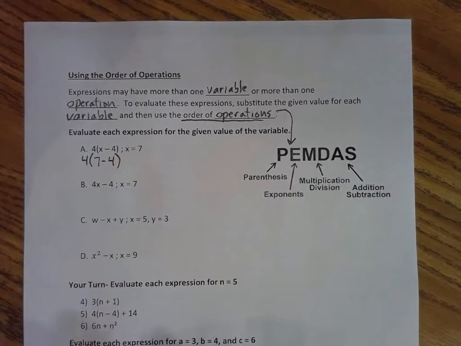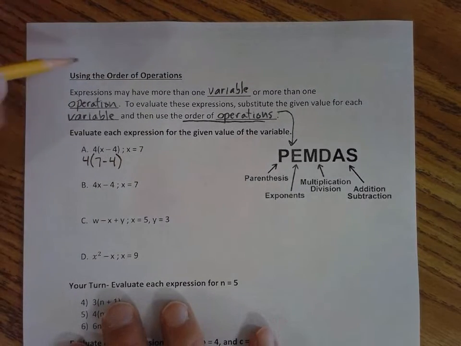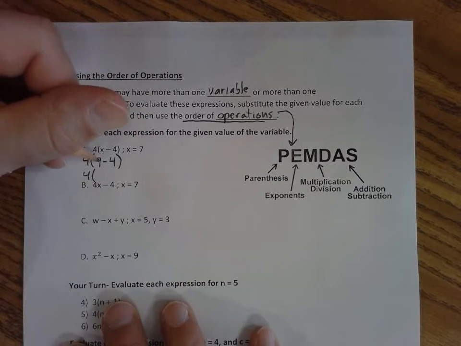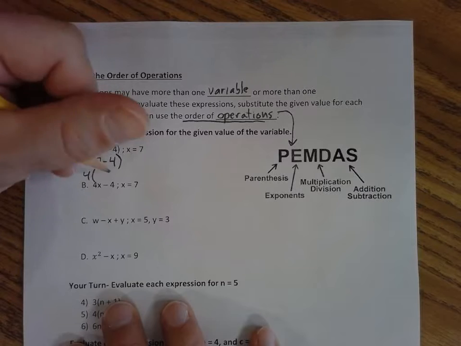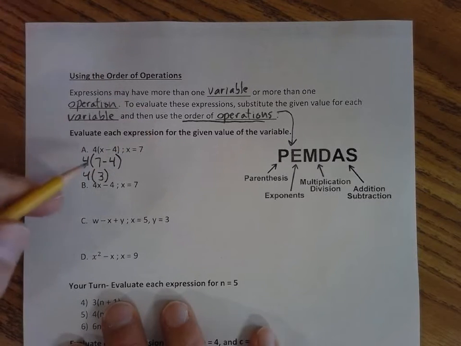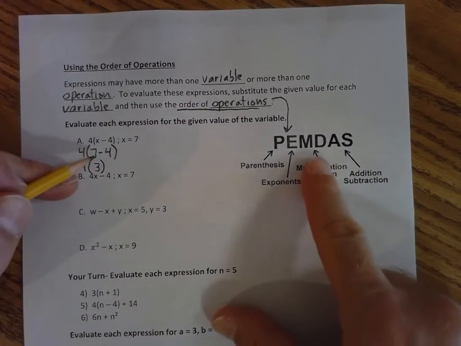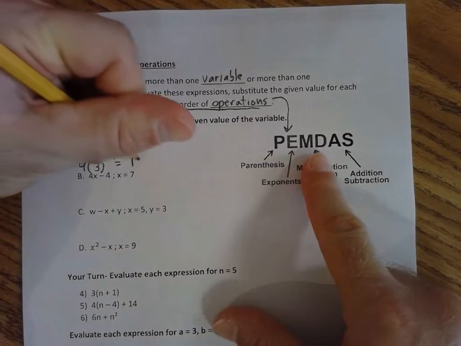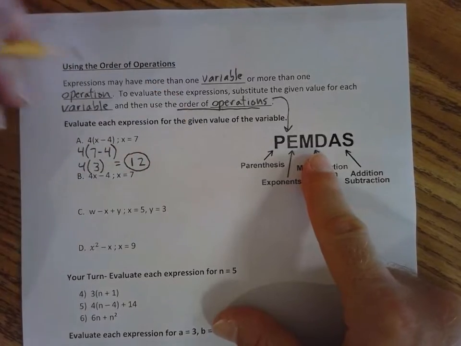Now I do the order of operations. I have to do my parentheses. So I'm going to have 4 times what? Well, 7 minus 4 is 3. I did what's in the parentheses. All I have left to do is my multiplication. So 4 times 3 is equal to 12. And 12 is your answer.